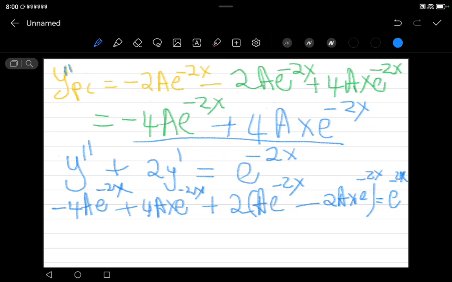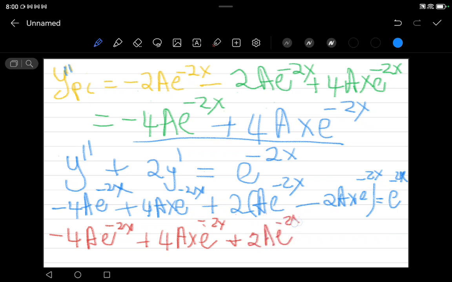So now we're going to simplify. So we have a negative 4ae to the power of negative 2x plus 4ax e to the power of negative 2x plus 2 times this is going to be 2ae to the power of negative 2x. 2 times this is going to be a negative 4ax e to the power of negative 2x equals e to the power of negative 2x.